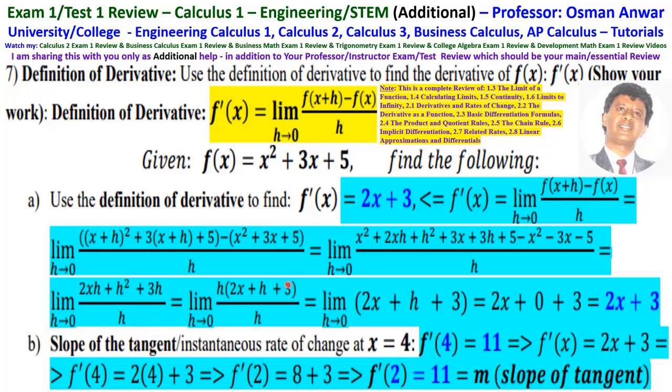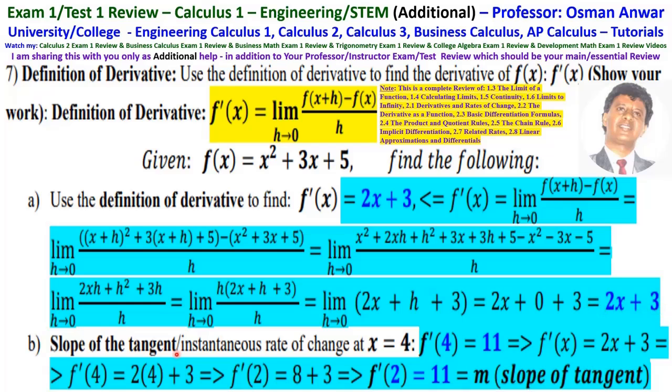Then factor out h, then this becomes limit as h approaches 0 of h times 2x plus h plus 3 over h. The h cancels the h, then this is limit as h approaches 0 of 2x plus h plus 3. Then this is equal to 2x plus 0 plus 3, which is 2x plus 3.